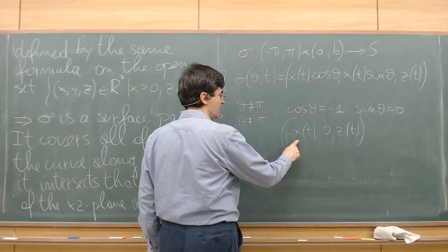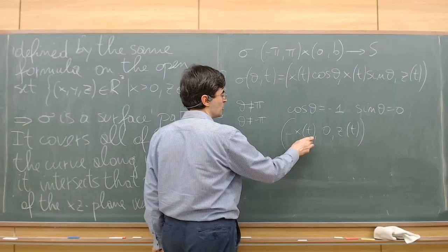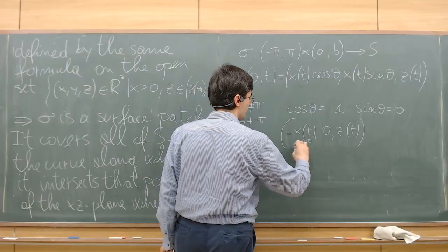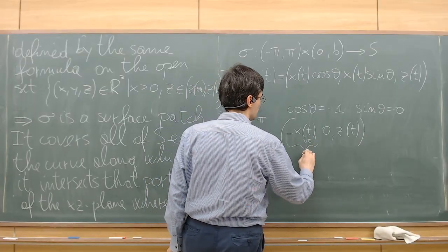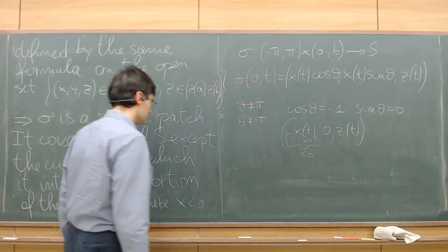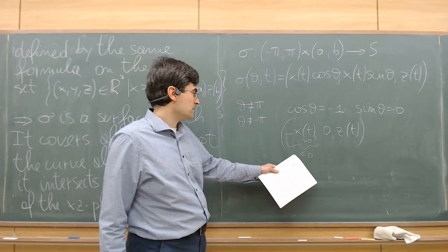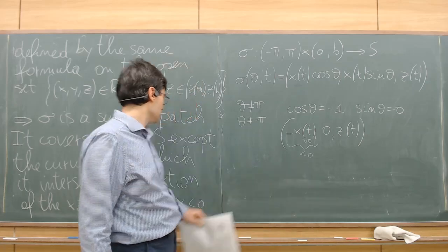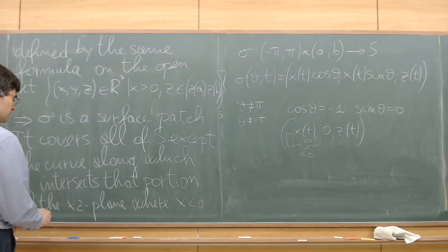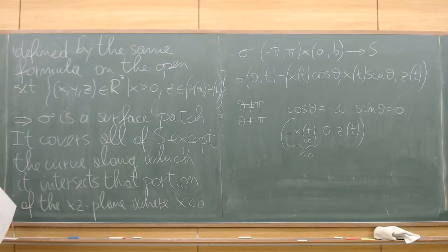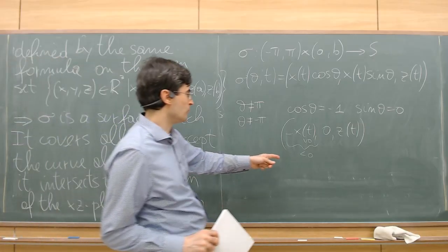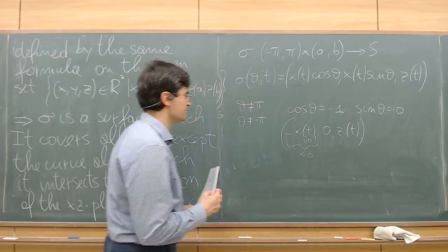And remember the fact that x of t is always positive, so this is always negative. And these points are located exactly on a plane for which x is negative.